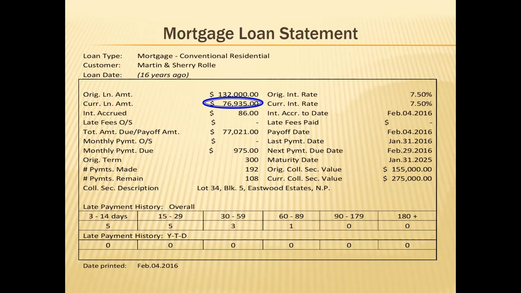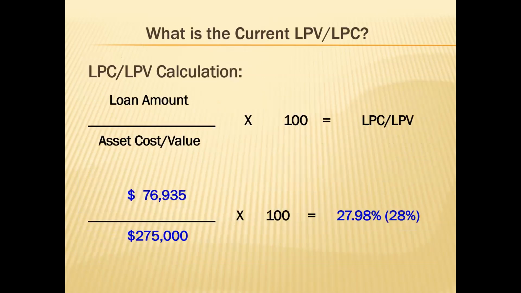And then our denominator would be the value. We get that from the current collateral security value on the mortgage loan statement. Okay. And this is what it looks like. The LPC is 76,935 divided by 275,000 multiplied by 100. So we're looking at about 28%.